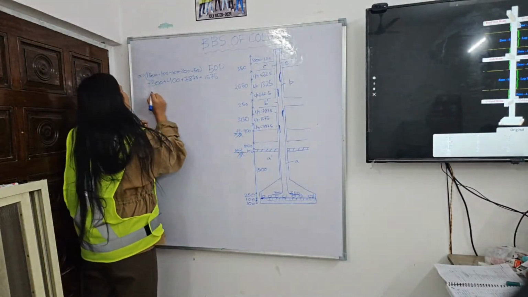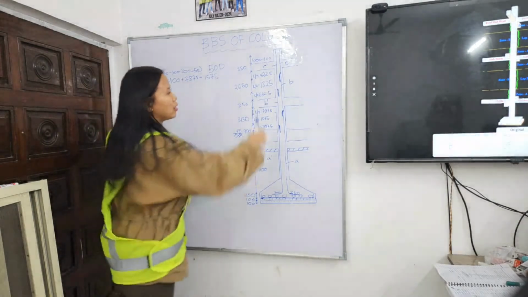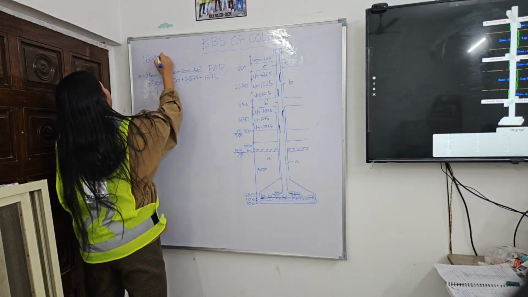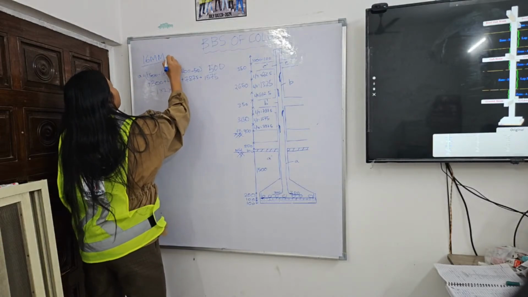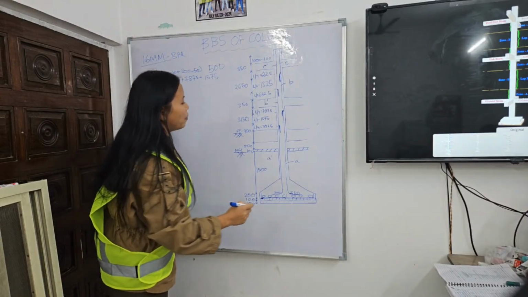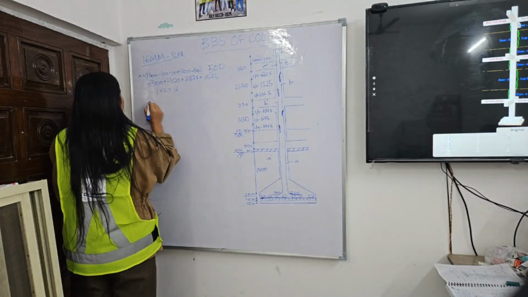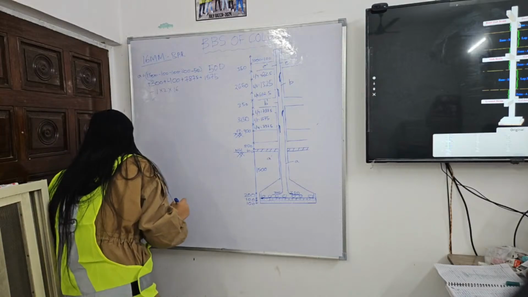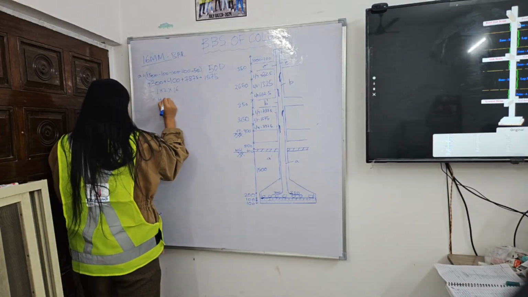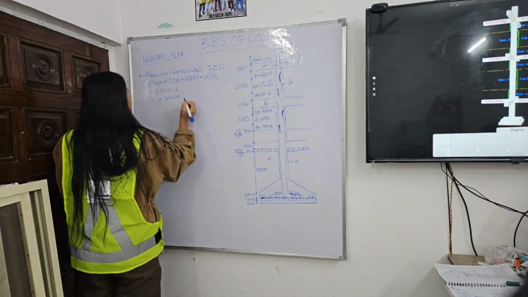So by minusing the band, we have 1 into 2 into. We are taking this as 16 mm diameter, 16 mm bar, guys. So it will be 16. So the value is 4.2645, converted to meters.